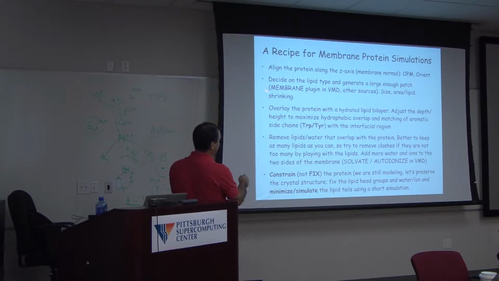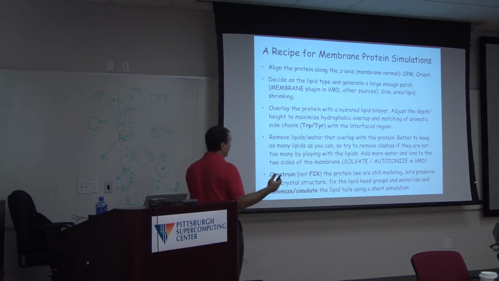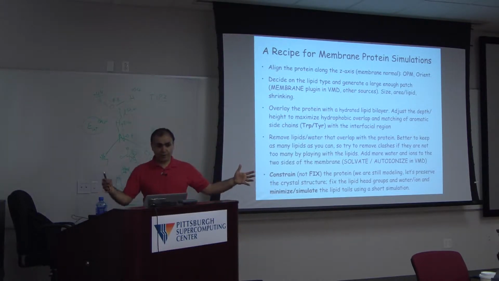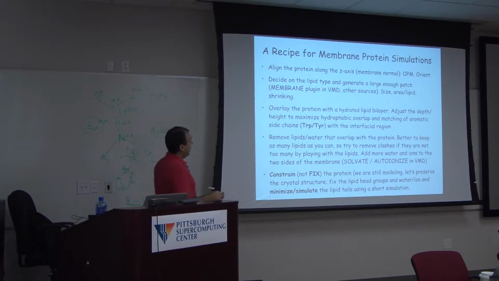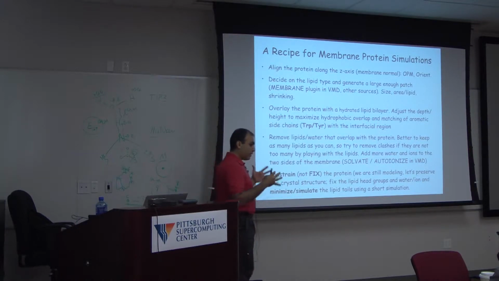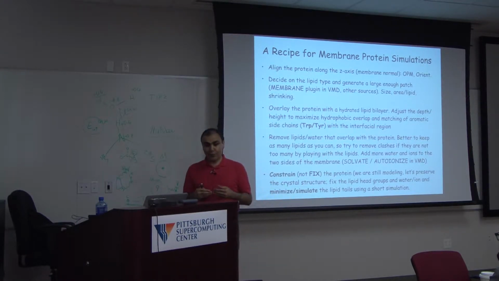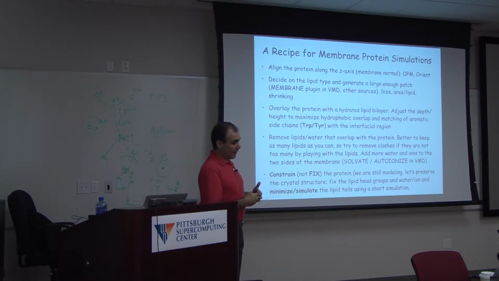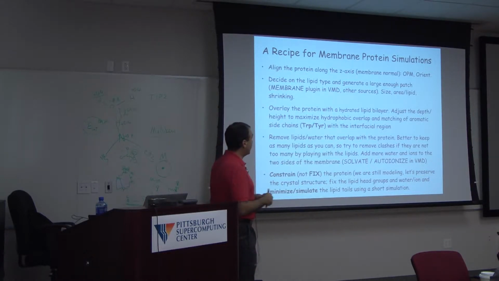Then the next step is to decide on the lipid type, what kind of lipid type I want to use, how large the system should be. As far as lipid types are concerned, for those of you who are planning to do membrane protein calculations, usually for bacterial systems, we use PE because that's the most representative lipid head group in E. coli, which is the bug that is usually used to express the system.